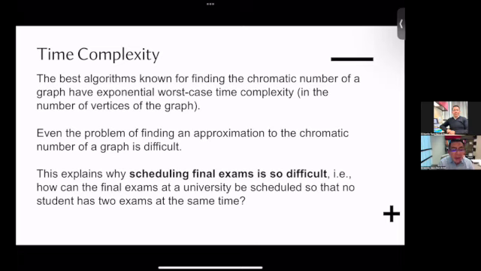And that explains why scheduling final exams, for instance, is so difficult. How can we generate the list of the schedules for all the exams on campus, so as to guarantee that no student has an overlap between them?